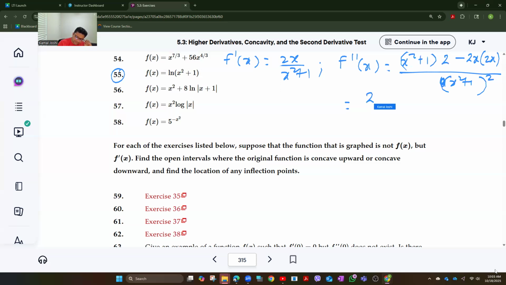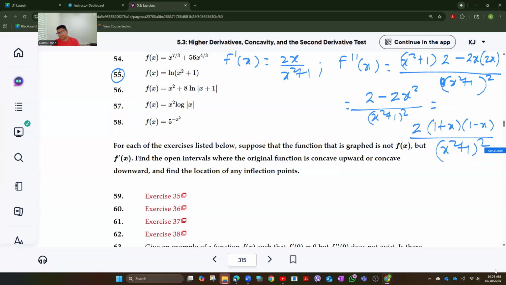So it's clearly 2 minus 2x square over x square plus 1 whole squared. Now you see what is happening here. Numerator is 2 times 1 minus x square, which is 1 plus x, 1 minus x, over x square plus 1 squared. Okay, now that is the second derivative.